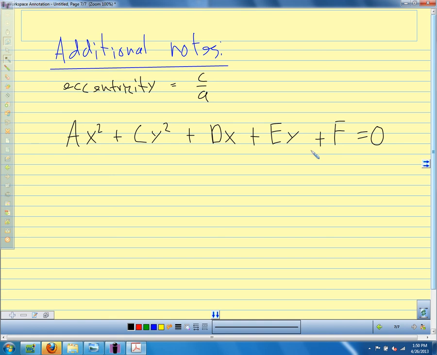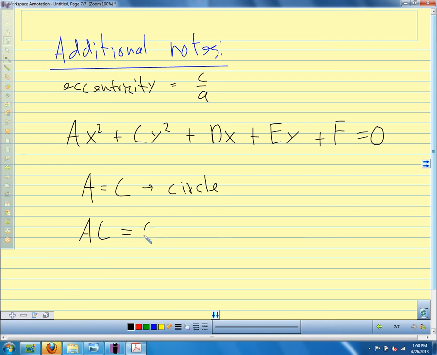By looking at this equation, we can tell if this is a circle, an ellipse, a hyperbola, or a parabola. If A equals C, we have a circle. So if the number in front of the squared parts are both the same, we have a circle.